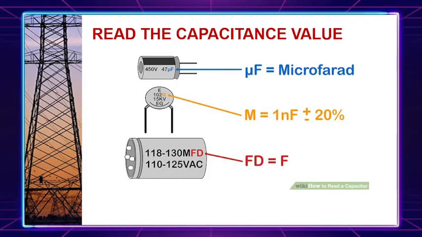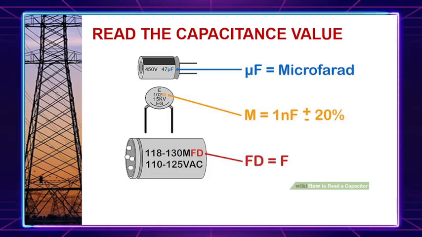For example, we have 450 volts and 47 microfarad. Below the electrolytic, we have this 102 and the letter M, which is equivalent to 1 nanofarad. This plus and minus 20% is the tolerance, which can also be found in resistors. And FD is equivalent to farad.